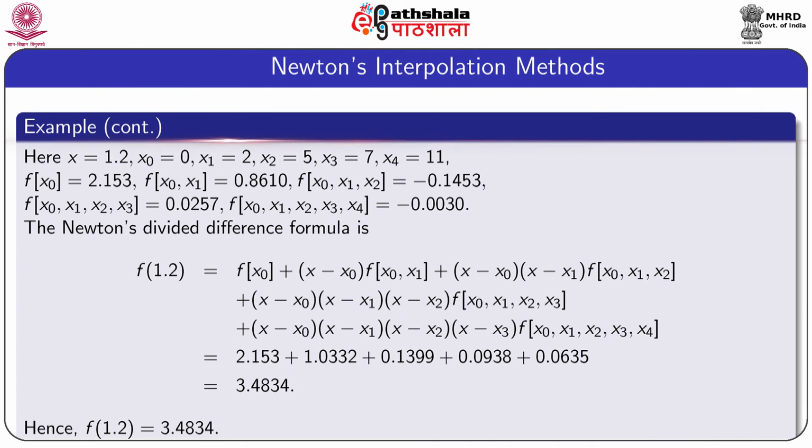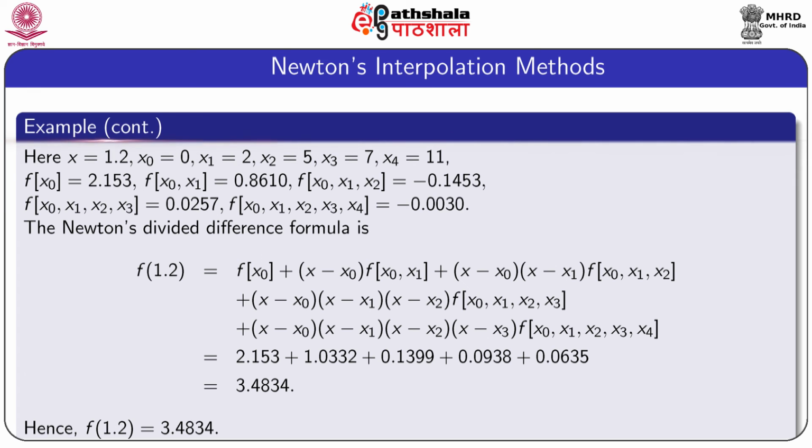In this case, x equal to 1.2 is given, the first value of the table is x0, and the last value of the table, 11, is taken as x4. The zeroth order divided difference is 2.154, calculated in the previous table, and f[x0, x1] equal to 0.8610 and so on. Now, by Newton's divided difference formula, the value of f at 1.2 is equal to the zeroth order divided difference plus (x minus x0) into the first order divided difference and so on.